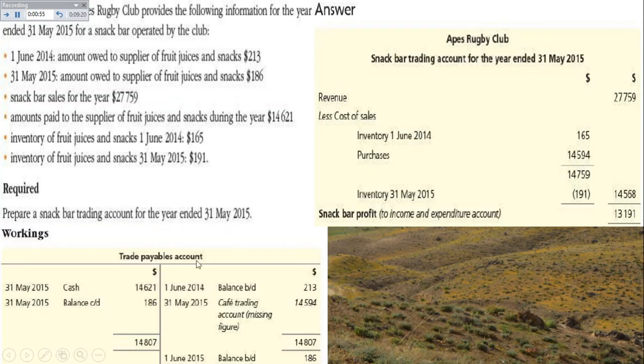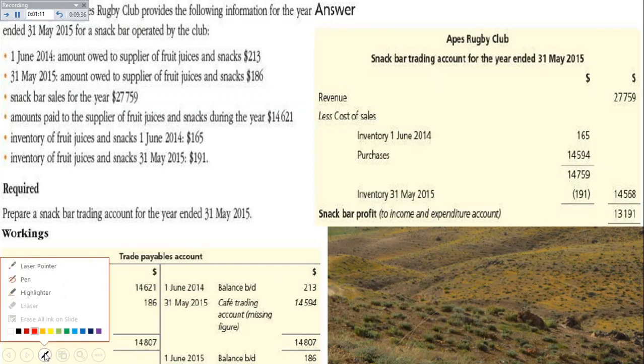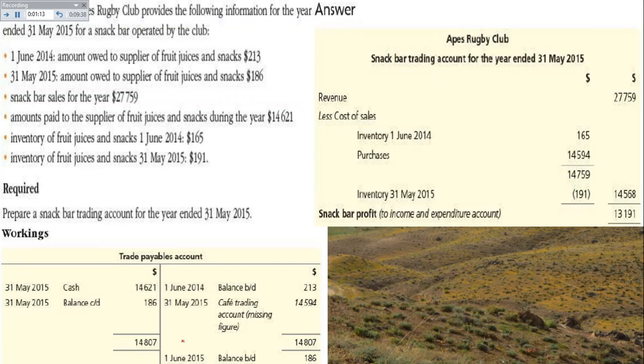This is your working for the trade payable. You have the opening balance given up there, the closing balance here on the credit side, and then payment is put on the debit side, and then the missing figure is your purchase.